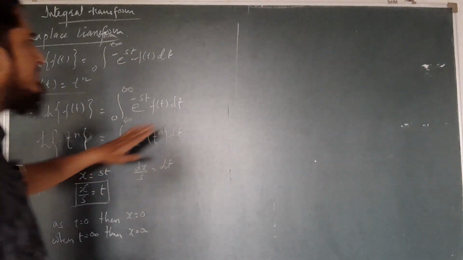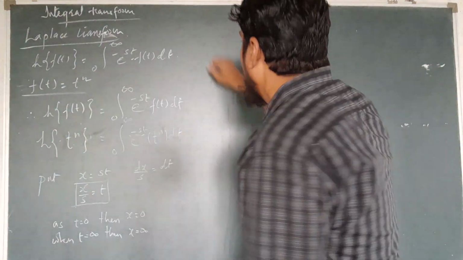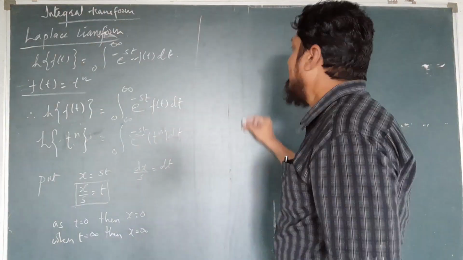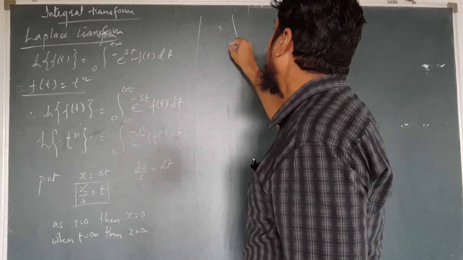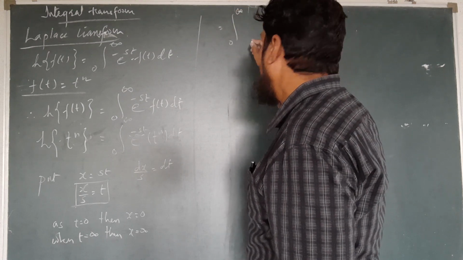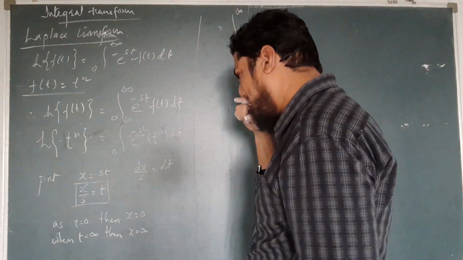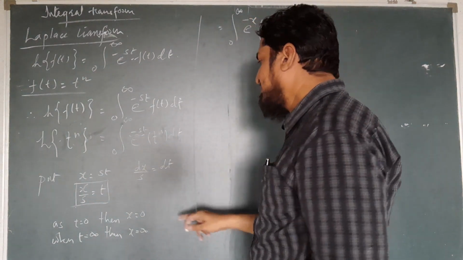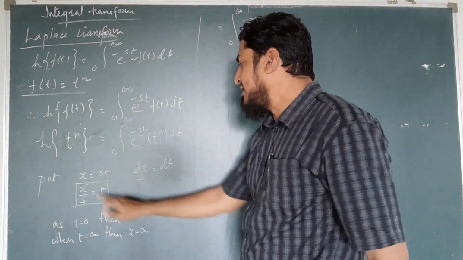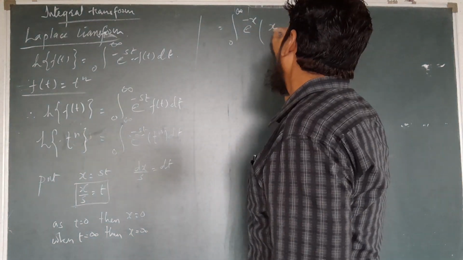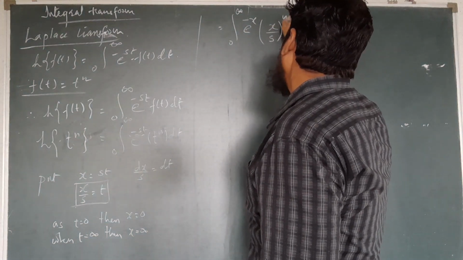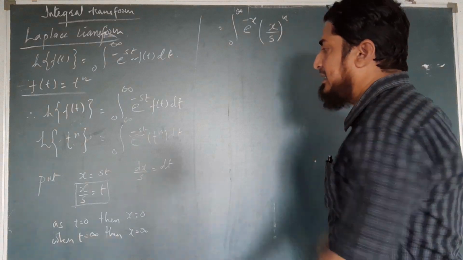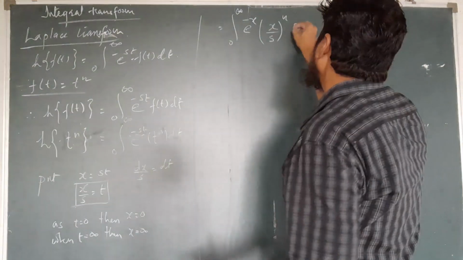So our integral becomes integration from 0 to infinity as it is, then e raised to minus x, and t raised to n means x by s raised to n, and dt is equal to dx by s.